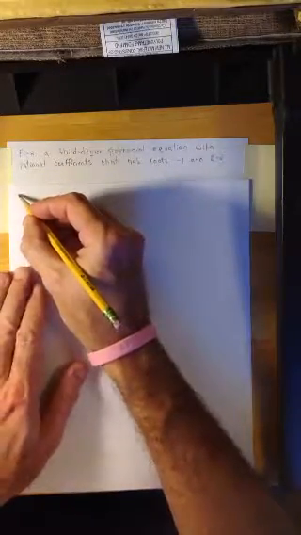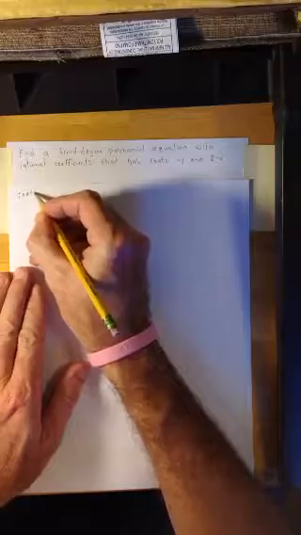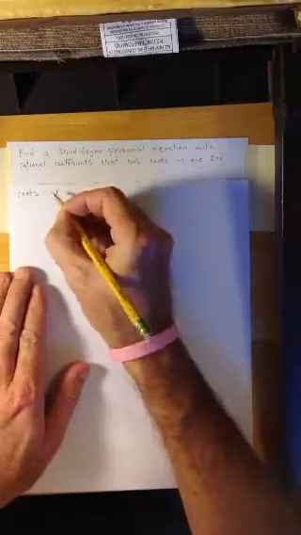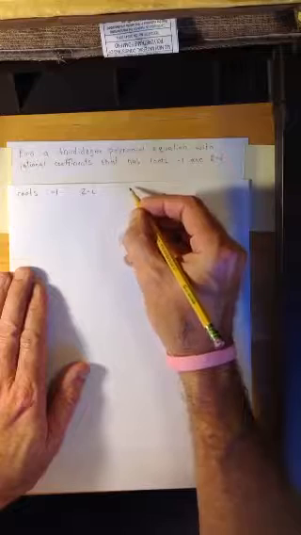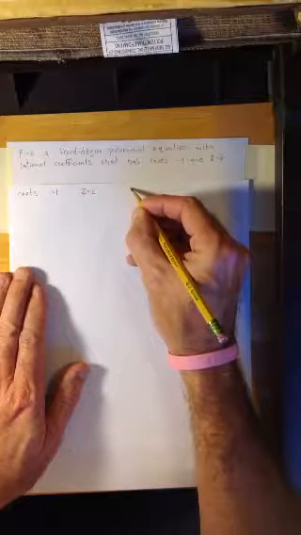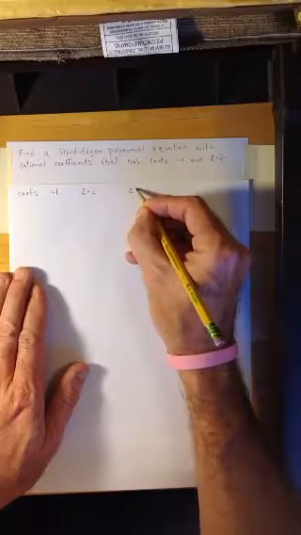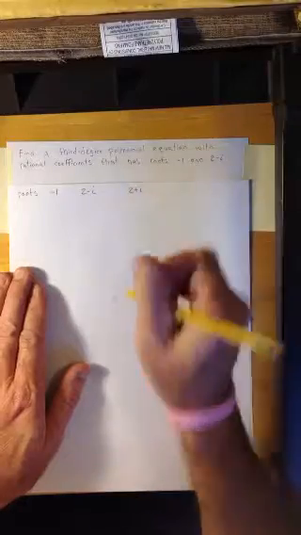We can just rewrite the ones they gave us. The roots occur at -1, they gave us that, and 2 minus i. According to the imaginary root theorem, we know that another root is going to occur at 2 plus i, the conjugate of 2 minus i.